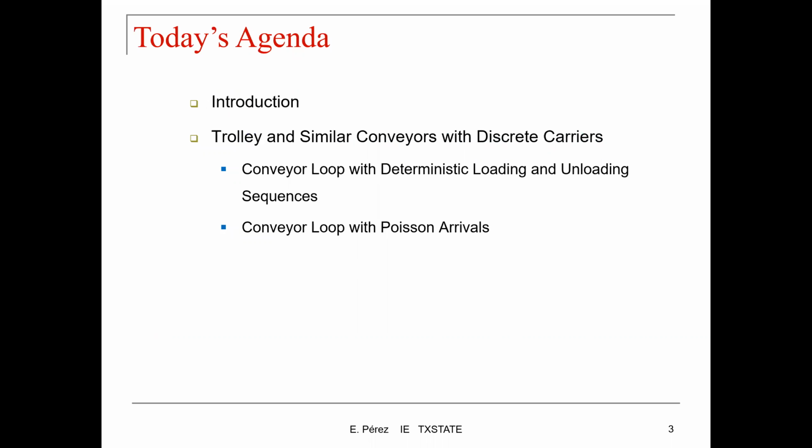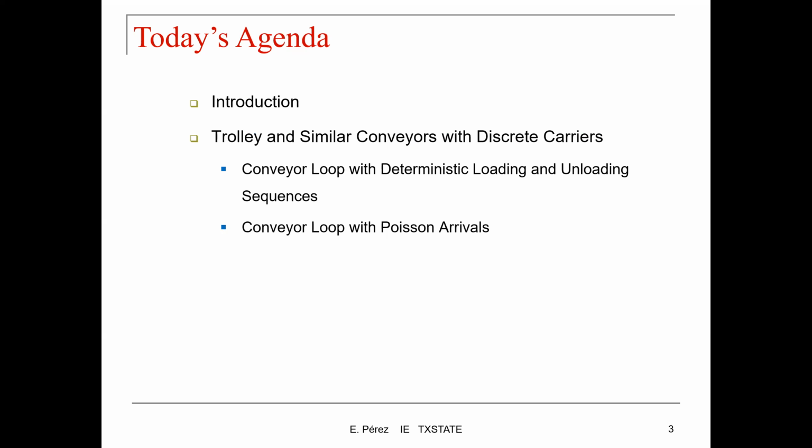So the agenda for this lecture includes an introduction to the topic. Again, we're going to be focusing on material handling systems, specifically for conveyors. And we are going to look at two different types of problems. The first problem is the deterministic problem for conveyors that have loading and unloading sequences that are deterministic.